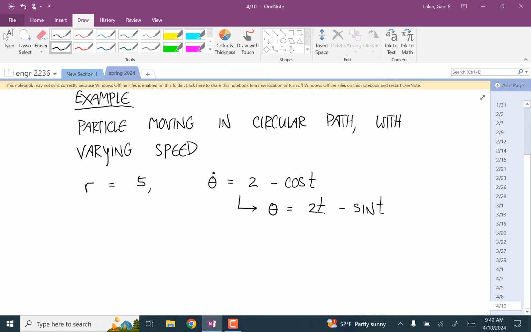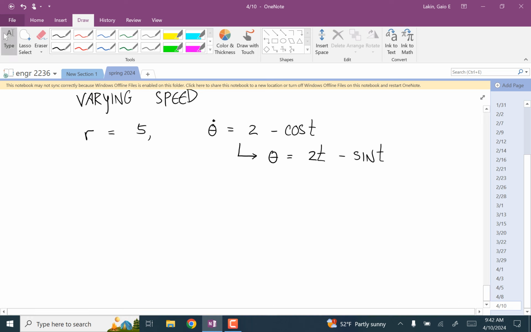So what that's saying is, this thing is moving around a circular path, and it's going fast here.